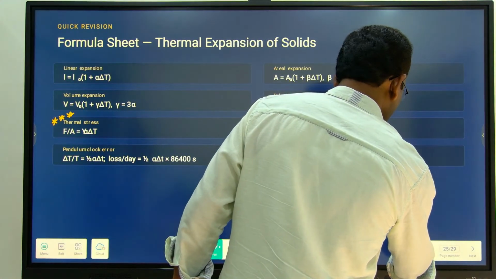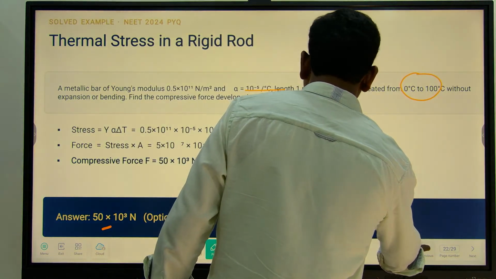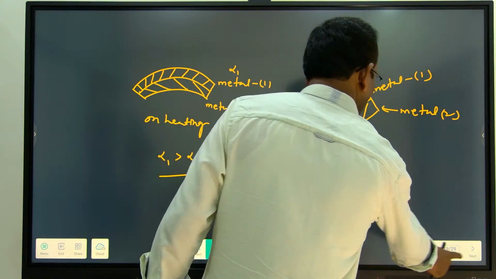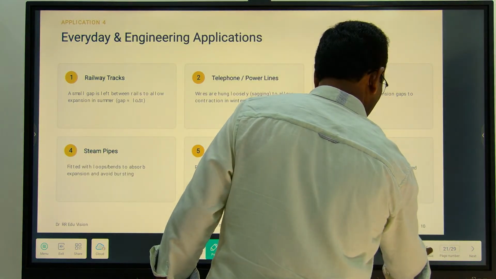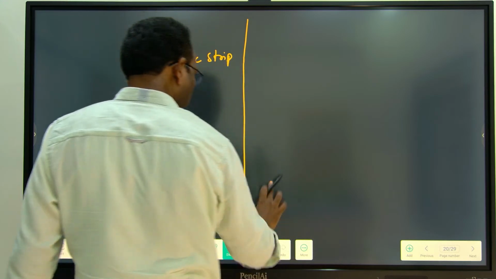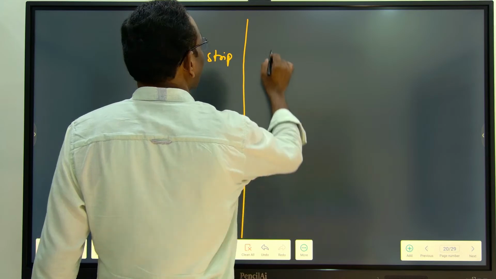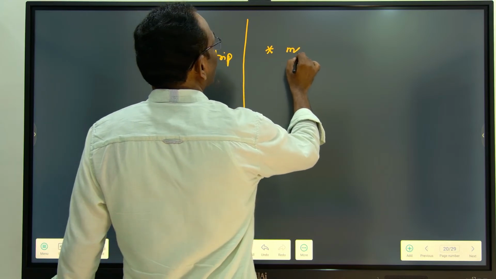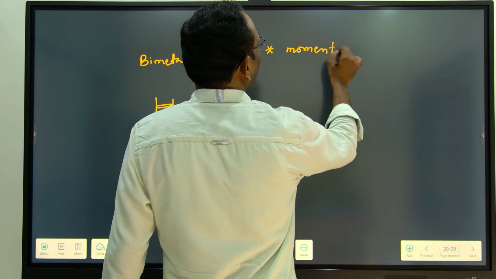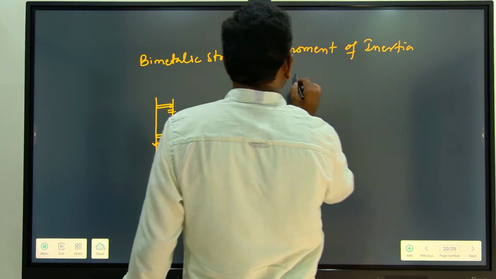One more is there, just 1 minute, I am showing what that one more is. Moment of inertia. What is that? One more concept. Moment of inertia, that is I equal to what?